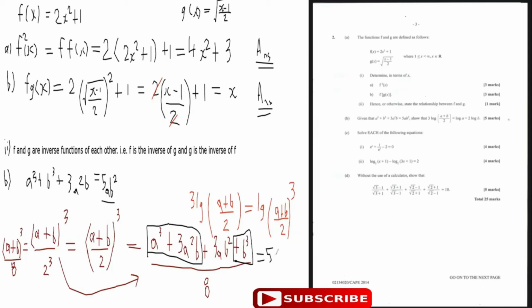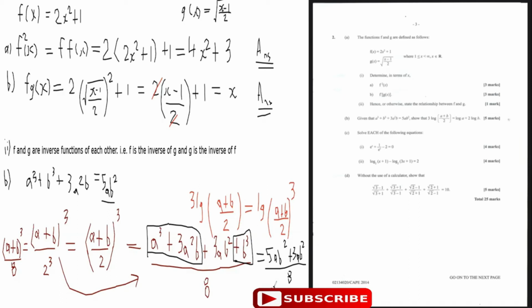So now I get 5ab squared plus 3ab squared over 8. Now 5ab squared plus 3ab squared over 8 is just ab squared.